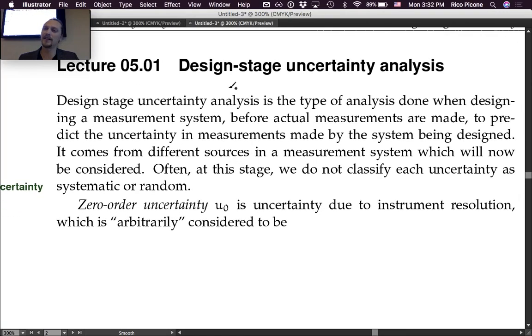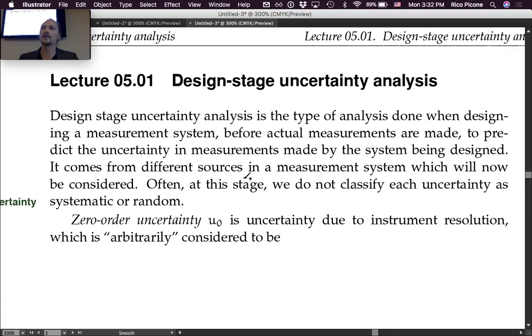Should I start calling all my lectures by that? It's lecture 1, lecture 5.1. All right. Design stage uncertainty analysis. You're trying to be too suave there. I can't help it. So, protect the flannel. I don't like this guy. The jacket. Oh yeah, I love the V-neck. You know, I don't know what's up with crew necks.